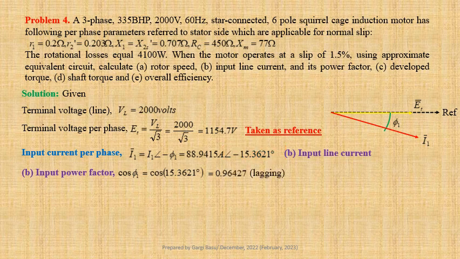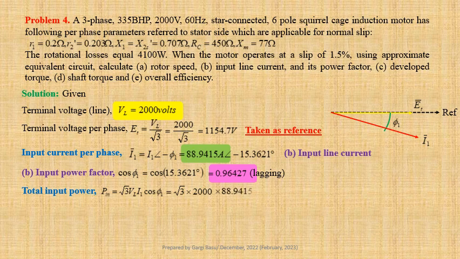For three-phase induction motor, total input power Pin equals √3 times VL into I1 cos phi 1. Using values we get √3 into 2000 into 88.9415 into 0.96427, which is approximately equal to 2,97,094 watts.